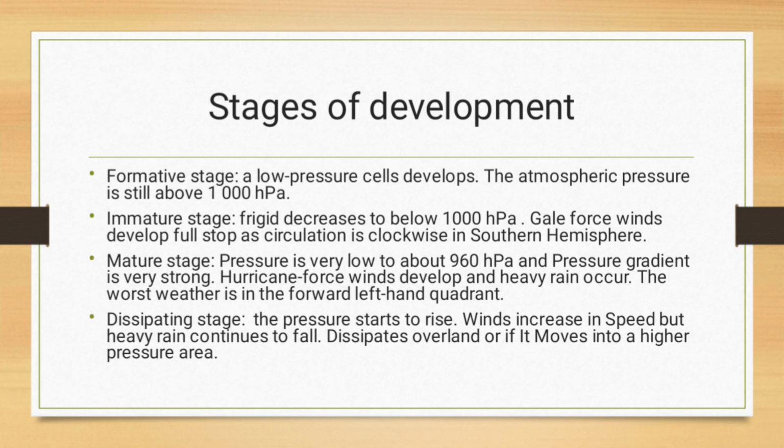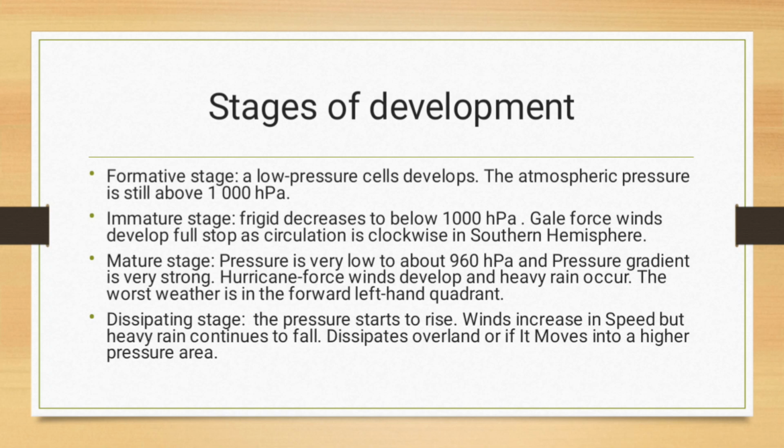Number two, immature stage. So, when talking about the immature stage, sorry, it was supposed to be pressure. So the pressure decreases to below 1,000 hectopascals. So the gale force winds.